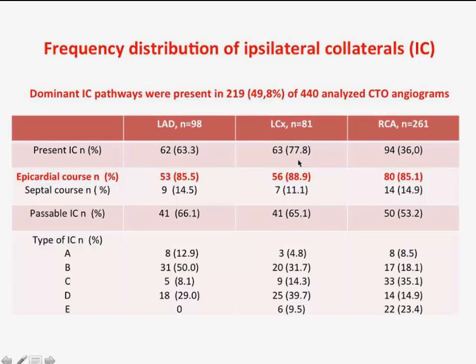We can always find some ipsilateral collateral to the circ, and this is probably the reason that we have a very low failure rate on the circ with our approach. And on the RCA, when we checked 261, we found it in about one third. What's also interesting is that most of them are for sure epicardial collateral connections. And regarding the retro paper, we checked the passability rates, and we think that more than 50% of them should be passable.